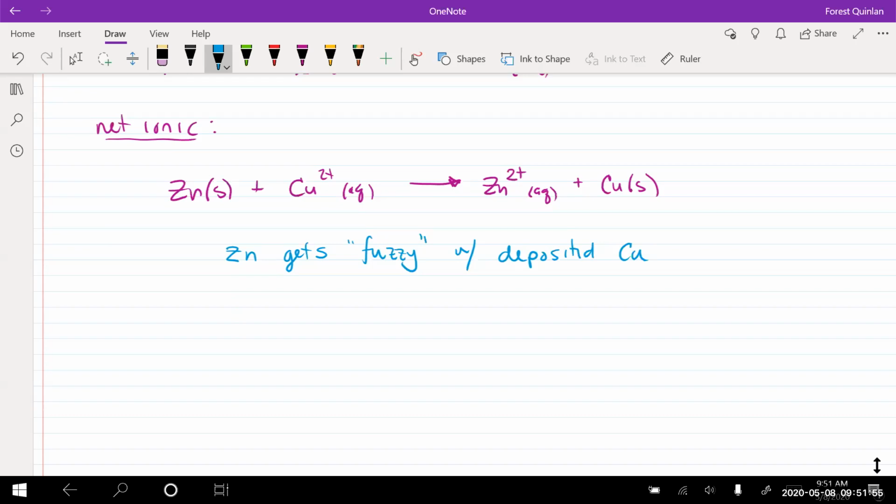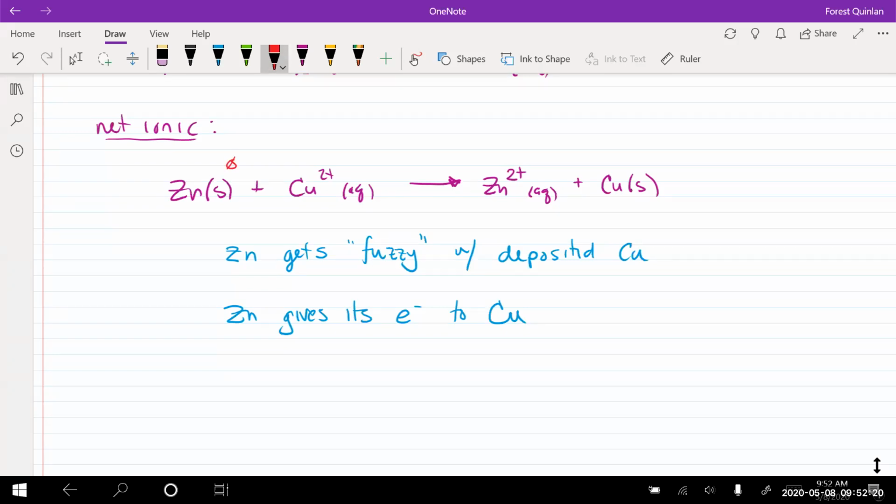This is what we didn't tell you back in the day, that the zinc gives its electrons to the copper. This is what's happening. The zinc goes from a zinc with no charge. Now, we don't normally do this, but I'm going to do it for illustrative purposes.